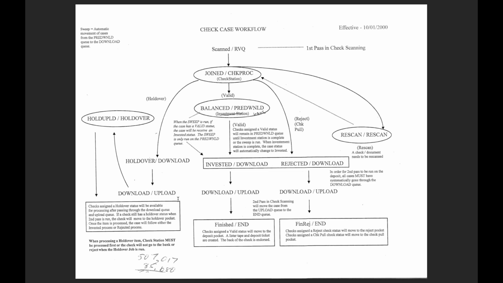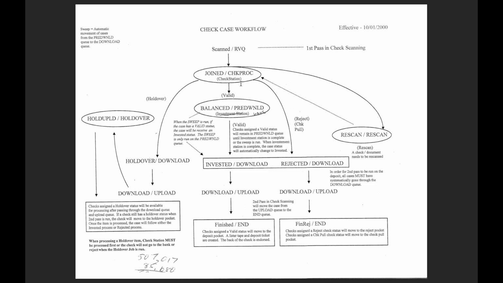But if anything is mismatched with the check, or maybe some required information is missing, then they can reject it. After scan, it is going to be joined and check proc status.